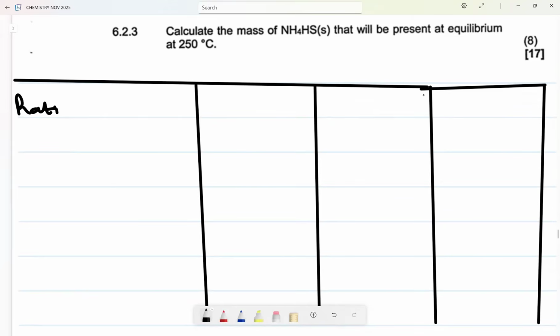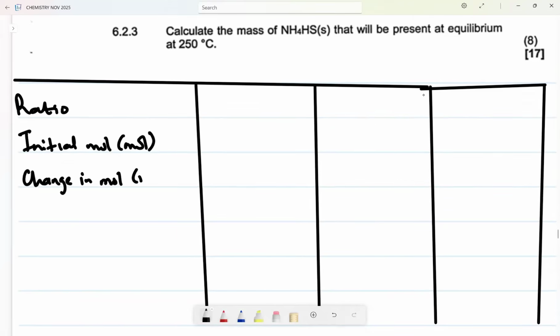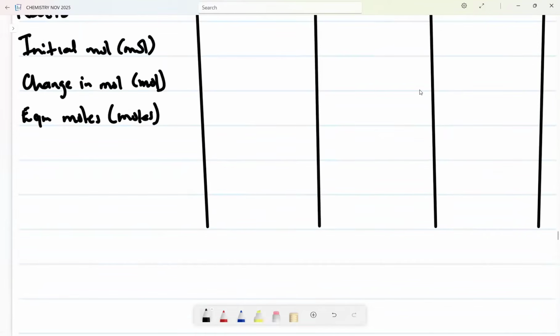So let's say this is the ratio, and then this is the initial mole, measured in moles. This is the change in mole, measured in moles. And then we have equilibrium moles measured in moles, and we have equilibrium concentration, where we know that C is equal to the number of moles at equilibrium divided by volume. And my volume is 3 decimeter cubed.